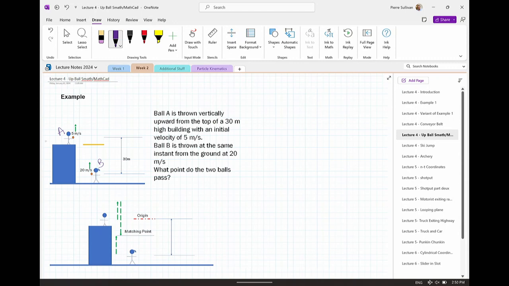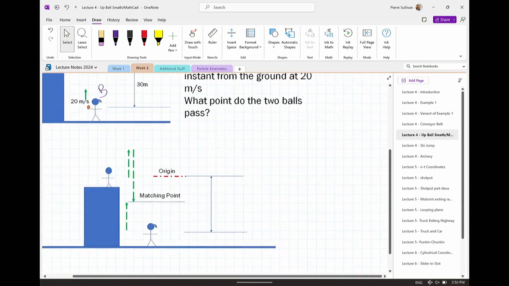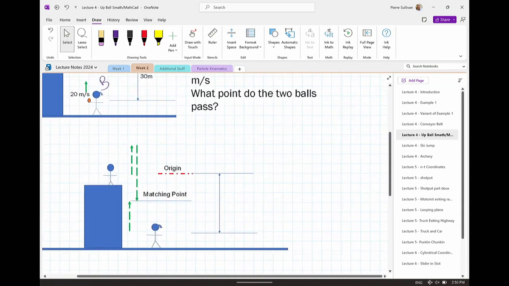When do they come to their matching point? And you can see that that matching point occurs somewhere in between. So I'm going to define an origin with respect to the person throwing the ball at the top. And the person at the very bottom is negative 30 meters down.